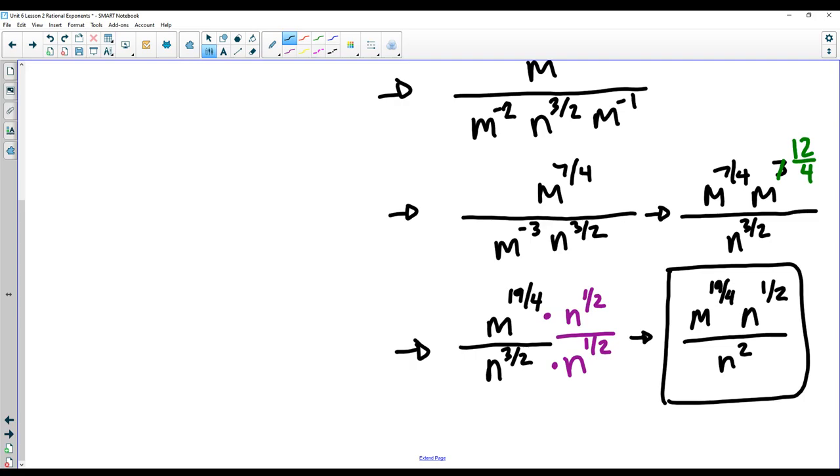If you say, well, I have an n in the top and the bottom, I need to now subtract my exponents, you're going to end up back before we did the rationalizing, in this circle. So be very careful. Apply all your rules first, then determine if you need to rationalize. If the answer is yes, then it's okay if you have a variable in the numerator as well as the denominator.